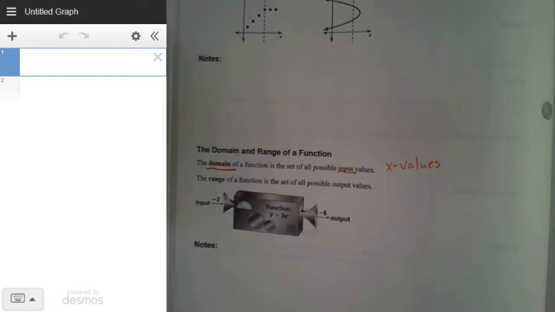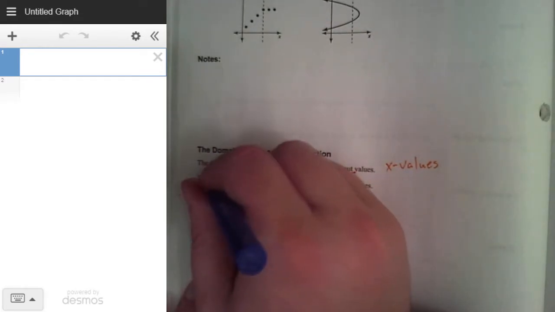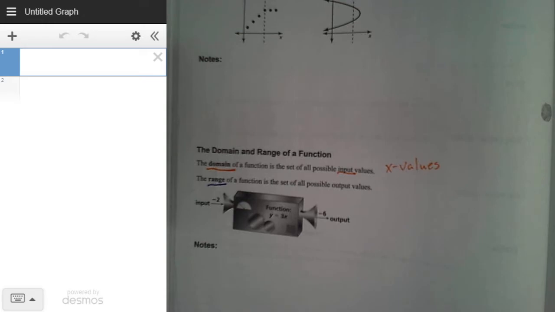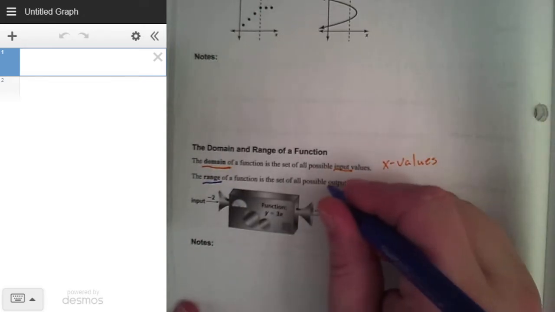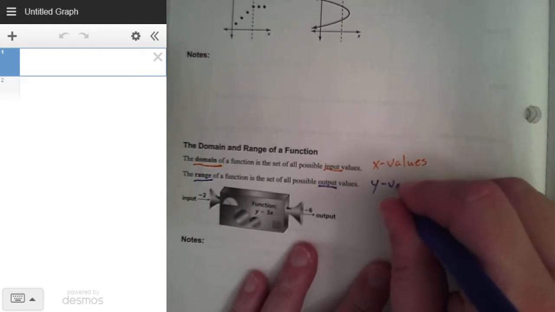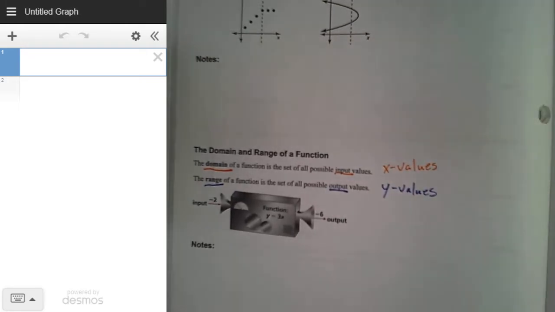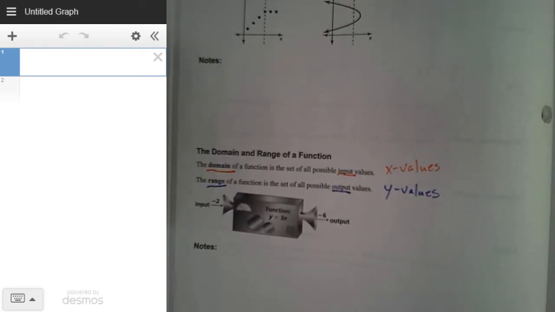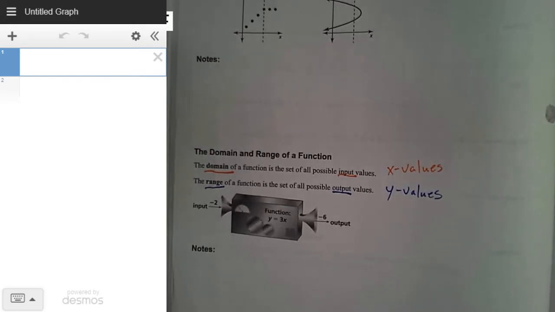And the range of a function is the set of all the possible output values, and so that is our y values. Just some good things there.